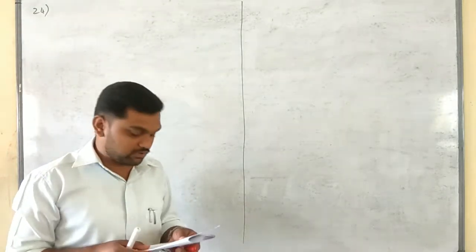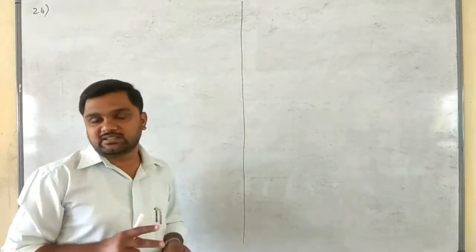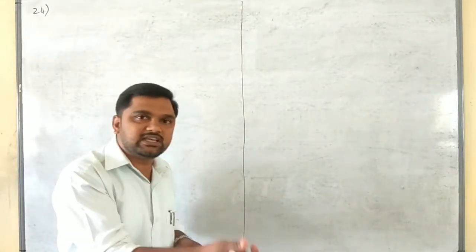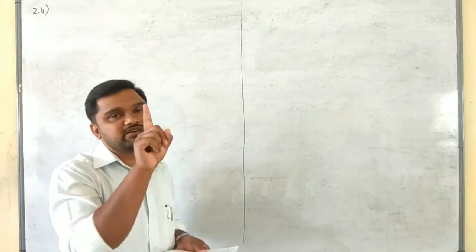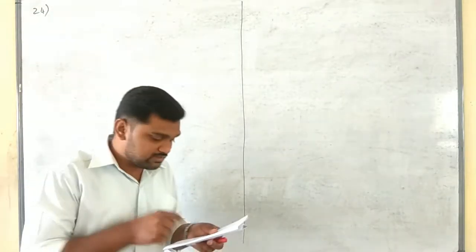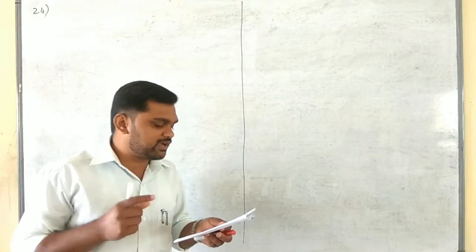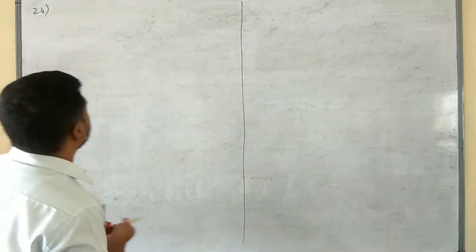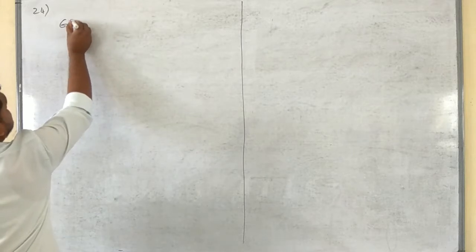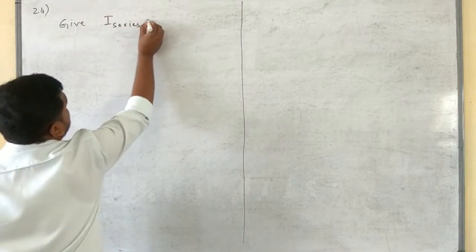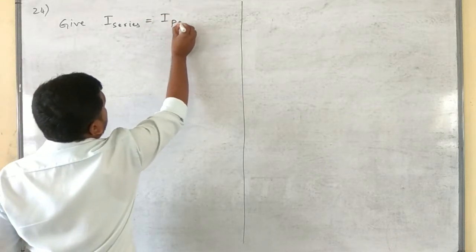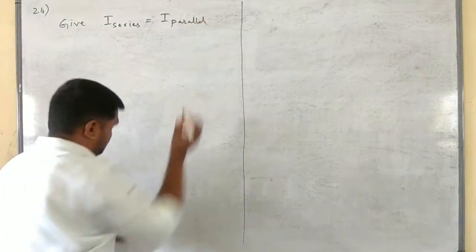Understand this. When two identical cells, whether they are connected in series or in parallel, the combination gives us the same current, it says. That is 0.5 ampere. See, given: I series is equal to I parallel.